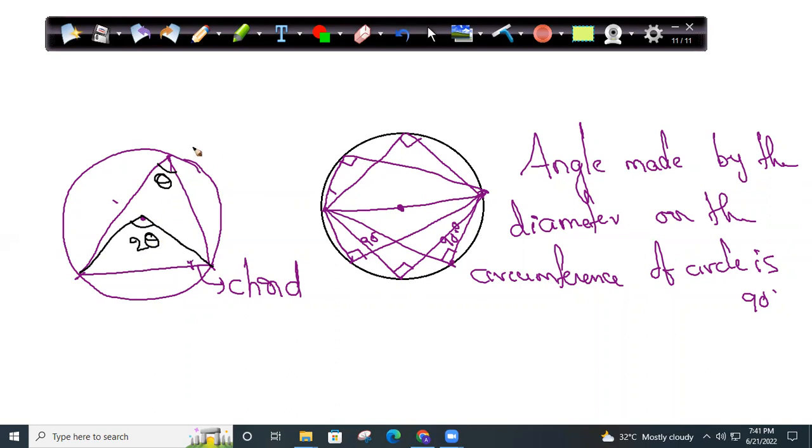For example, simple, if this is 60 degrees, this is 120 degrees, as simple as that. Clear?